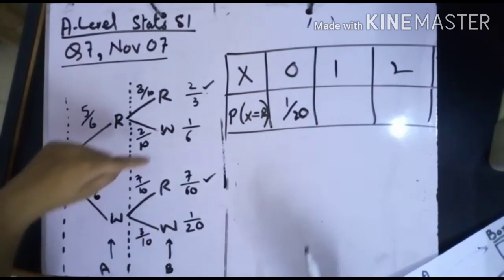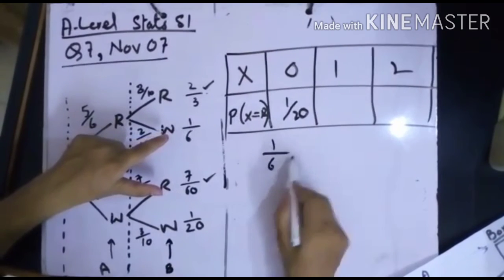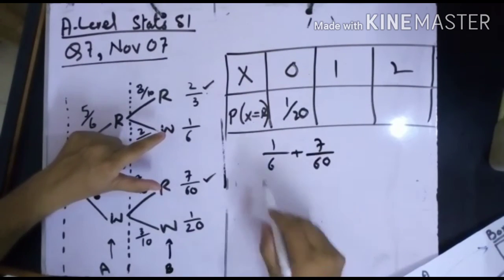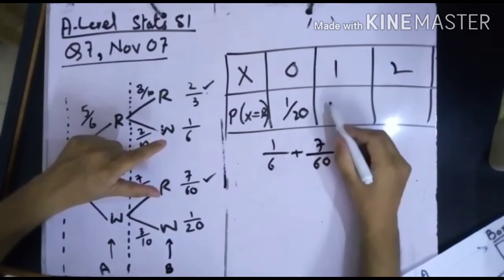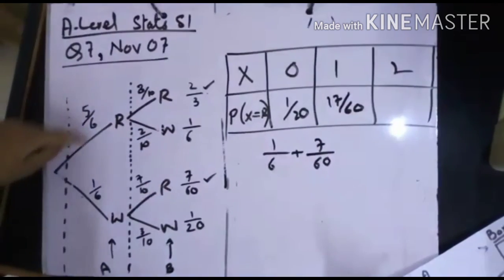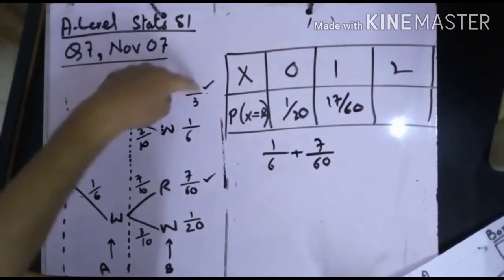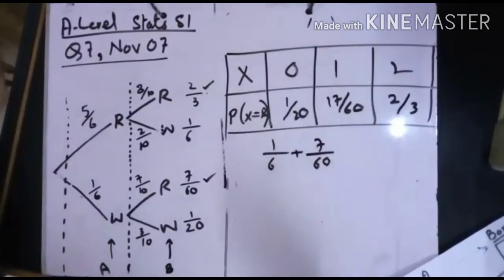For 1 time, these two are the cases, so 1 over 6 plus 7 over 60. Altogether, it makes 17 over 60. And for 2 times, we can write it directly, this is 2 over 3.